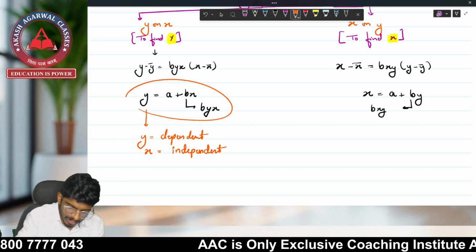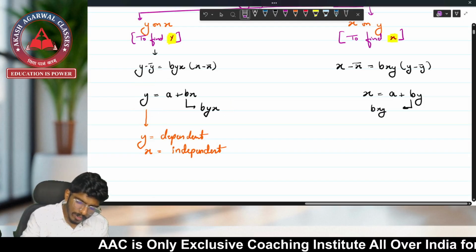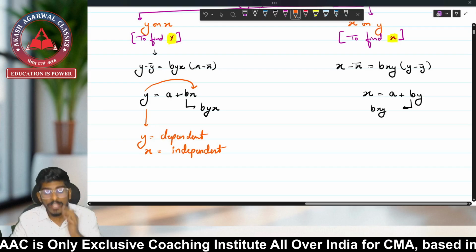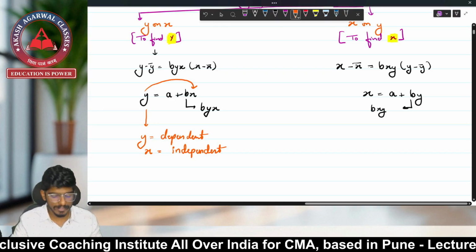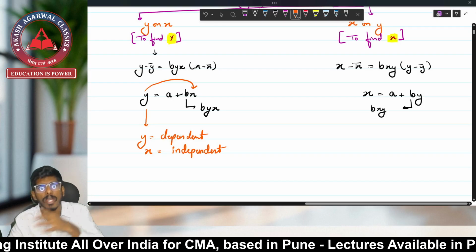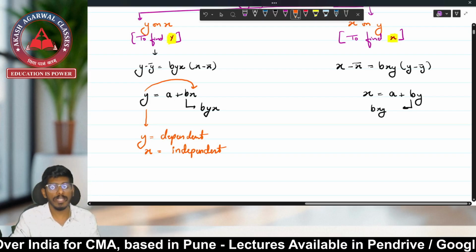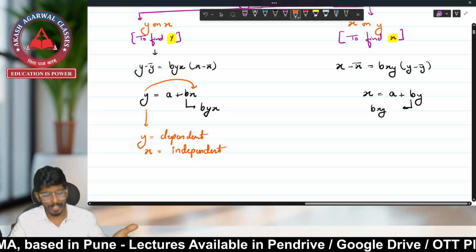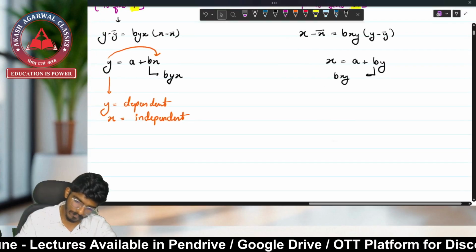Because y's value depends upon whatever the x is going to be. If my x is 5, I multiply it with byx, and that gives y's value. If x's value changes, y's value automatically changes. That's why y is a dependent variable, and x can be anything. It is not going to change due to anybody. That's the reason x is said to be an independent variable.